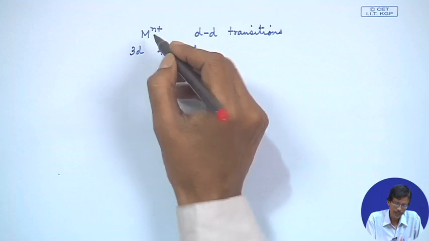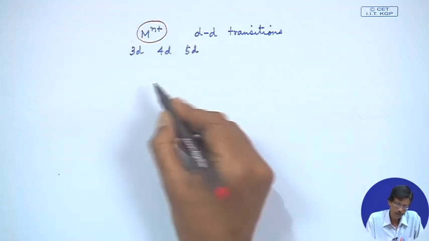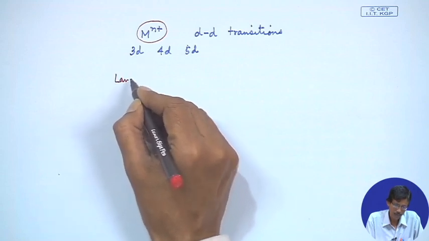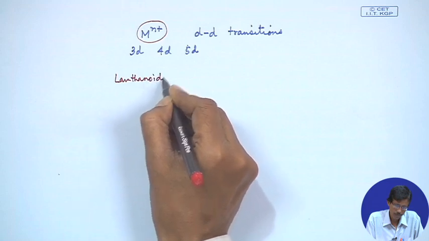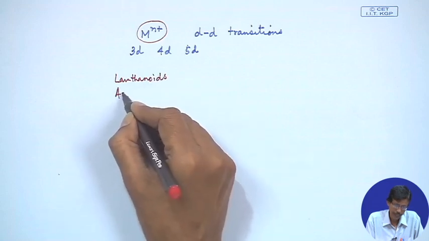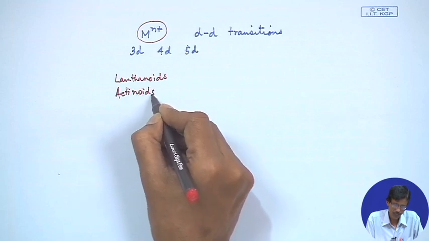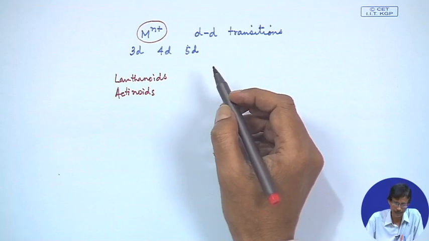The same M^n+ we can have for the other metal ions, say lanthanoids and actinoids, as we called them earlier, lanthanides and actinides.